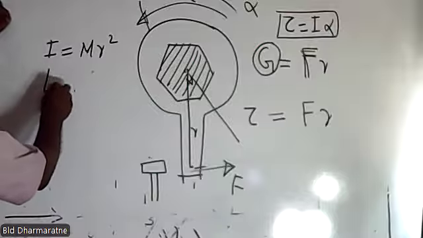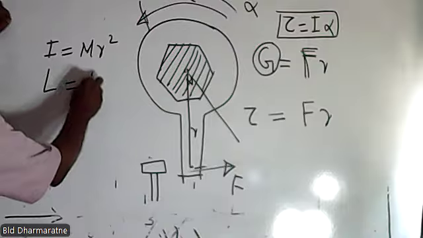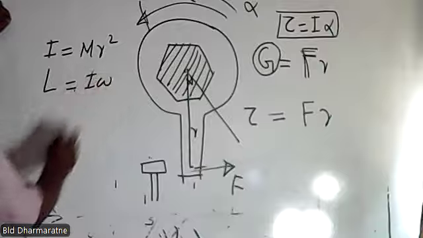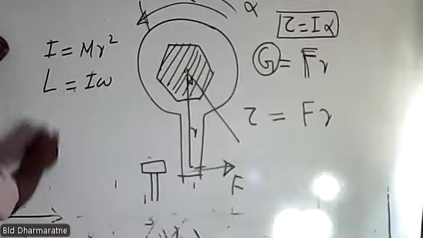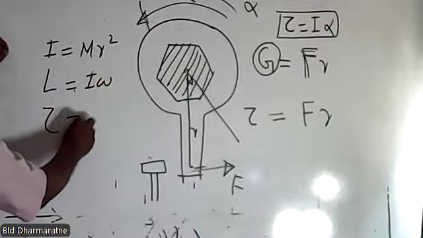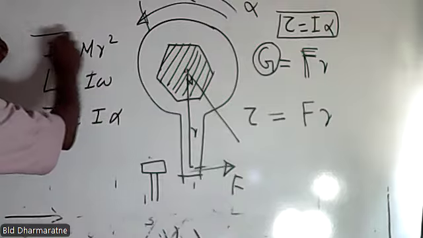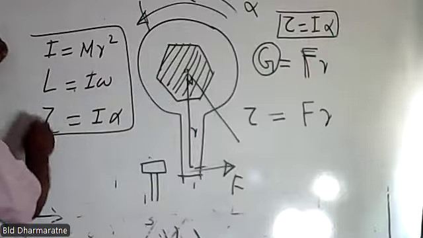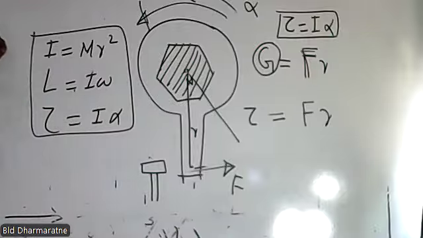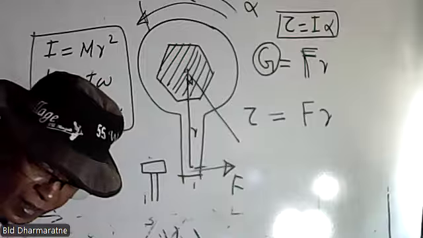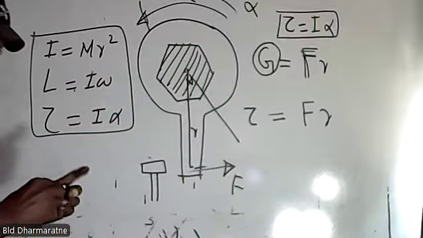Angular momentum L equal to I omega. Torque equal to I alpha. These are the rotating bodies formulas. You can see the board diagram.